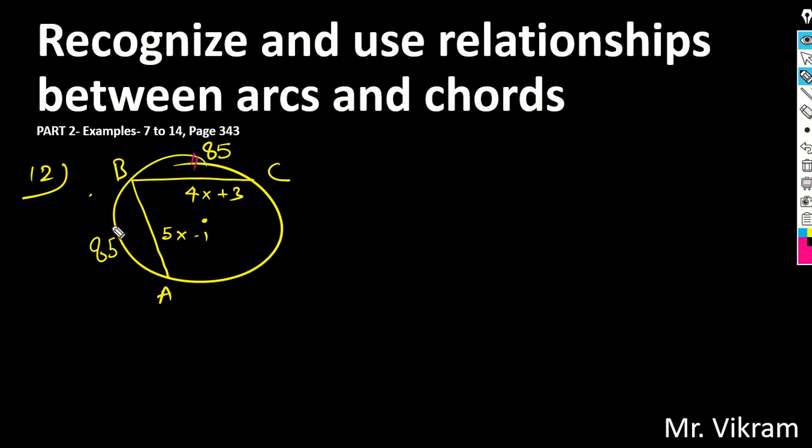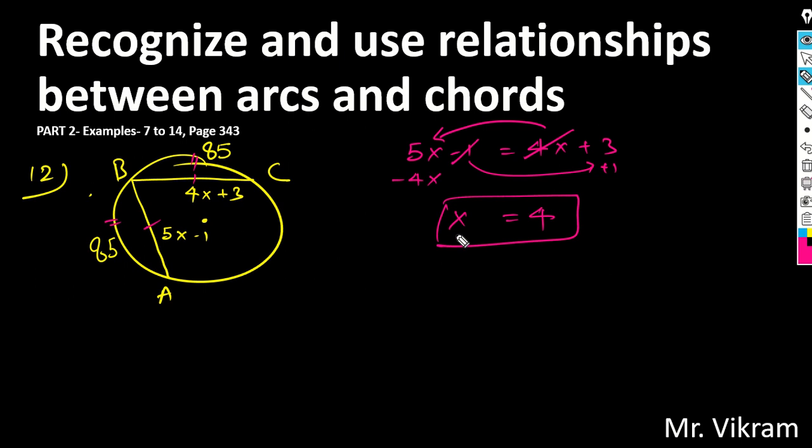Again, the arcs are congruent, so the chords will also be congruent. So 5x minus 1 is equal to 4x plus 3. Now you bring it to the side, minus 4x, and you take the 1 to the opposite side, plus 1, right? So 5 minus 4 is obviously x, and 3 plus 1 is obviously 4. So x is equal to 4.